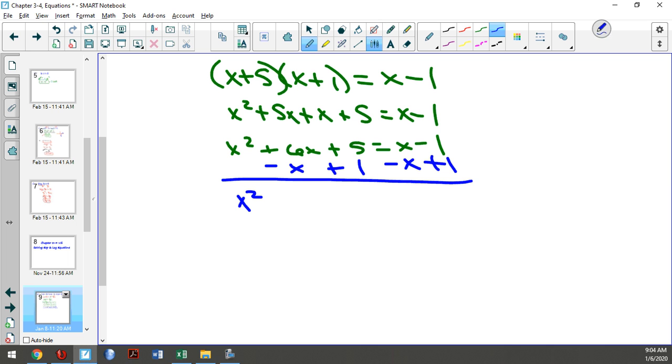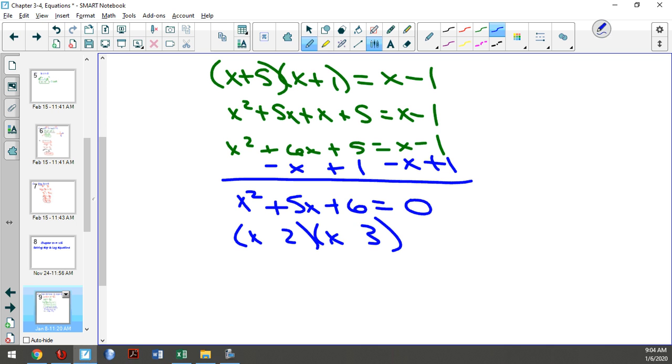So I have x squared plus a 5x plus a 6 is equal to 0. 2 binomials. x and x, 2 and 3 are going to add to 5, and they both have to be positive. So what does that imply x equals? x equals -2 and x equals -3.